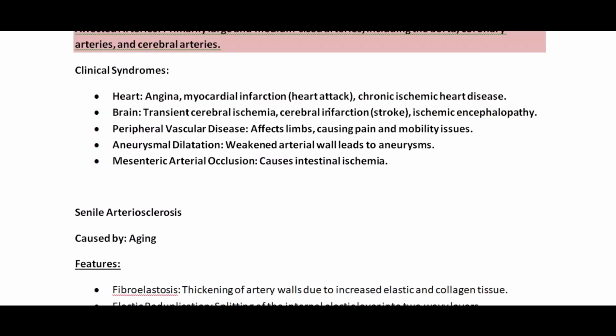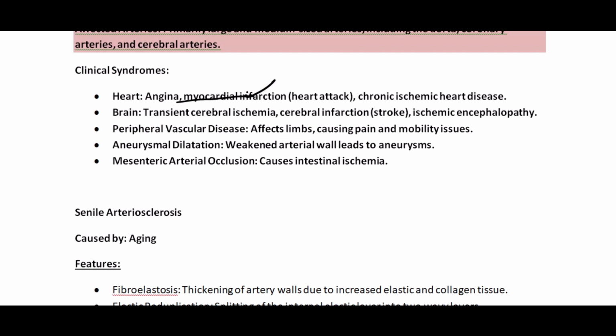The various clinical syndromes can be related with the heart. There could be chest pain, myocardial infarction that occurs due to the reduced blood flow to the heart muscles, and it occurs when plaque ruptures and there is formation of blood clot.